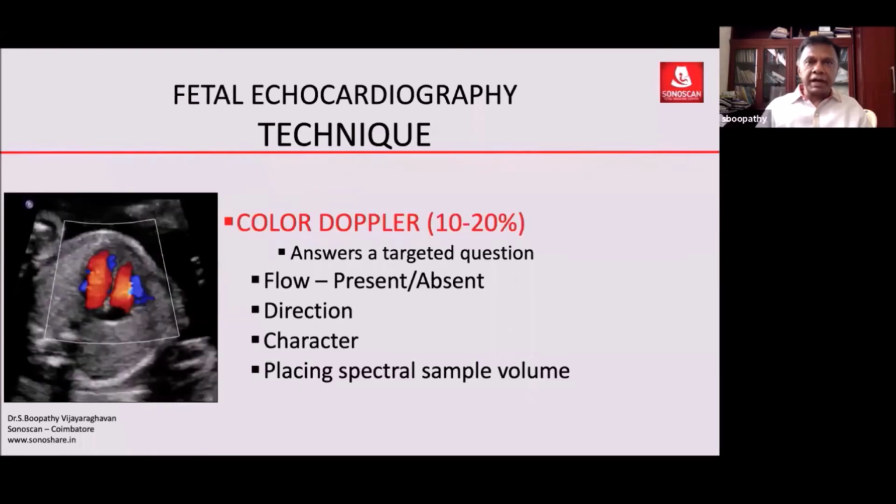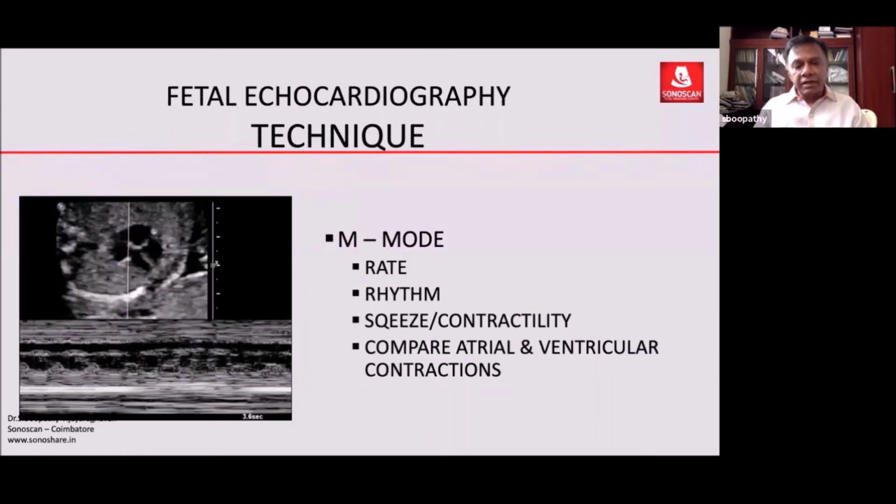M mode also gives the character of flow, like if you see a lacing, that may mean stenosis. And then it also helps in placing the sample volume in anomalies which have abnormalities of rate and rhythm. It is the best method to document the contractility.